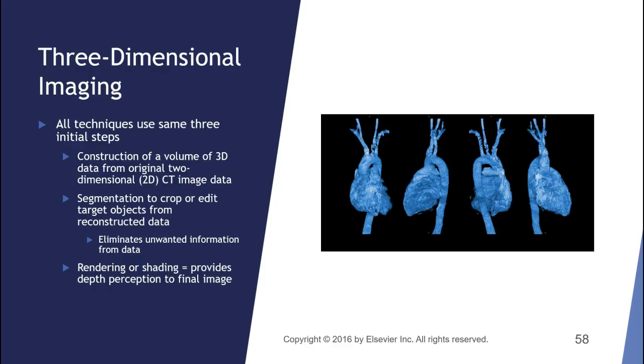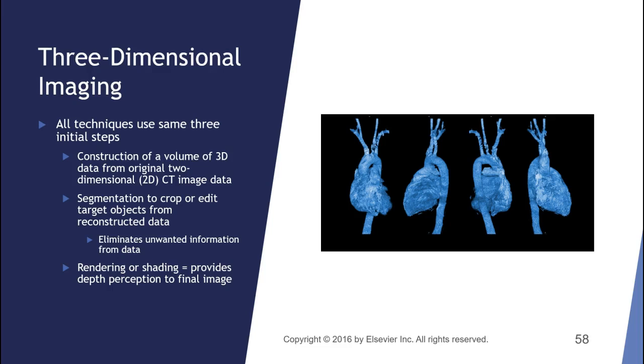All techniques use the same 3 initial steps. It's construction of a volume of 3D data from the original 2-dimensional CT image data. The segmentation, to crop or edit target objects from the reconstructed data. So the software lets you cut out areas that you don't want.